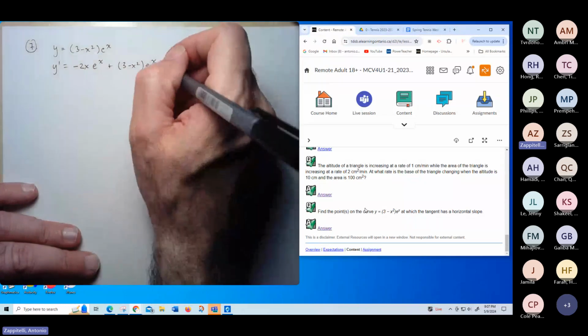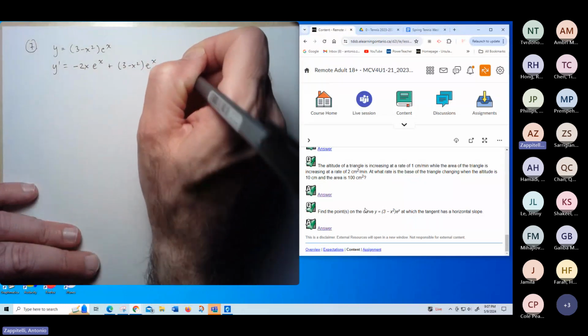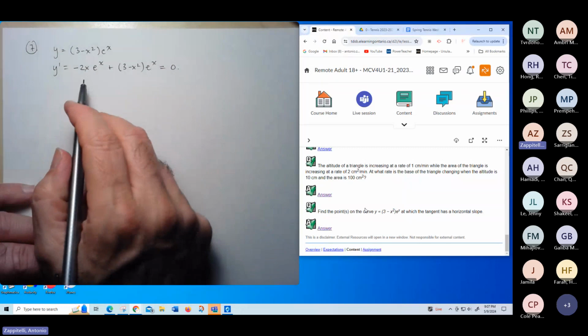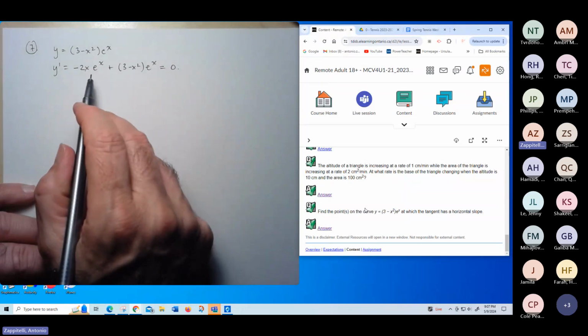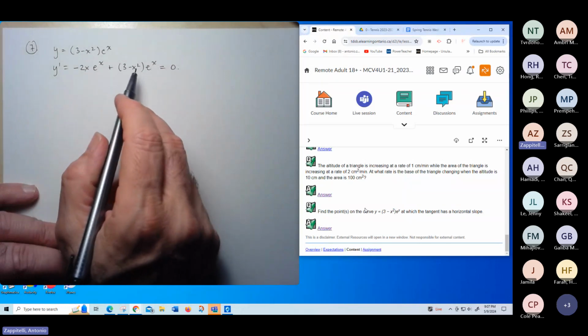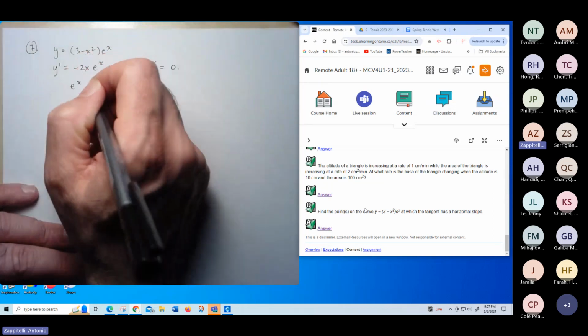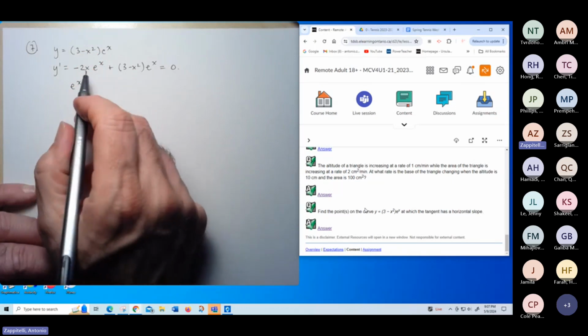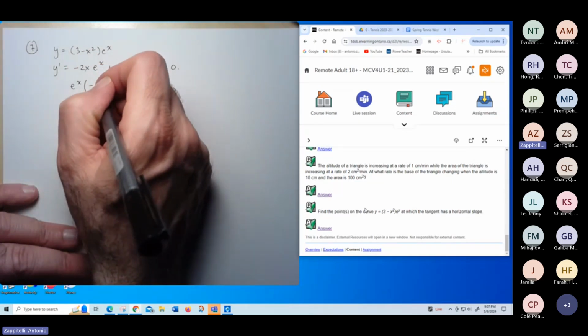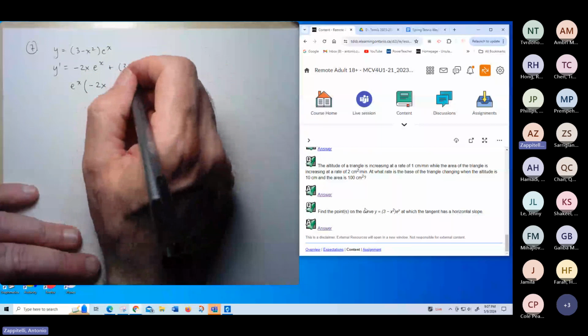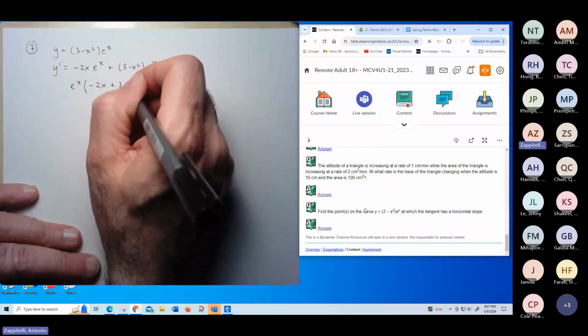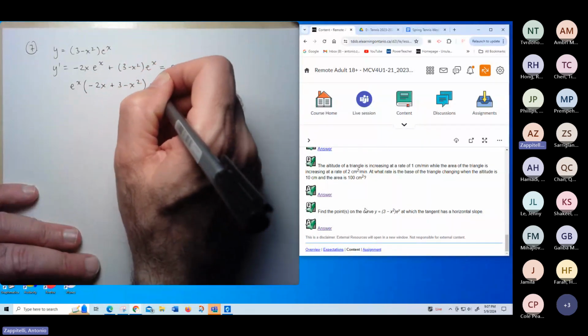And now we want to determine when this is equal to 0. And like we did before, you look for common factors, and we see that the common factor here is e to the x. So let's see what we're left with. Here we're left with the negative 2x. Here we're left with 3 minus x squared.